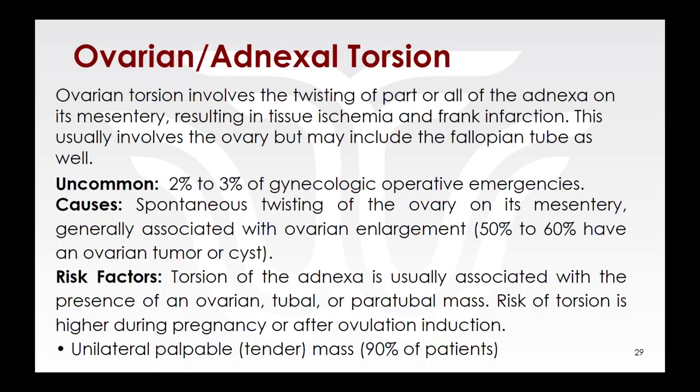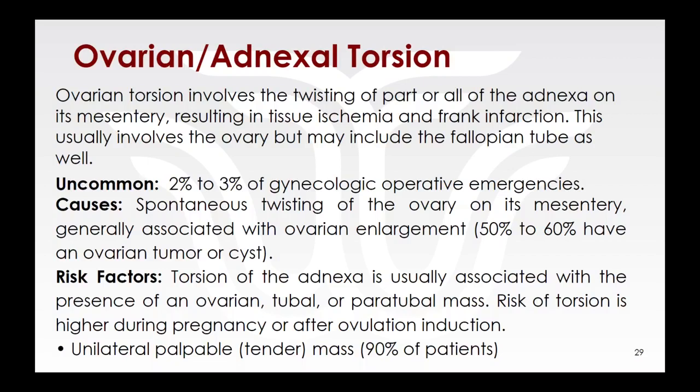If they can get blood flow to return to the mesentery, just a simple untwist, I'm sure there's a better word for that, of the adnexa can return this to normal. But some women do lose the ovary and fallopian tube, as well as its mesentery blood flow at surgery.